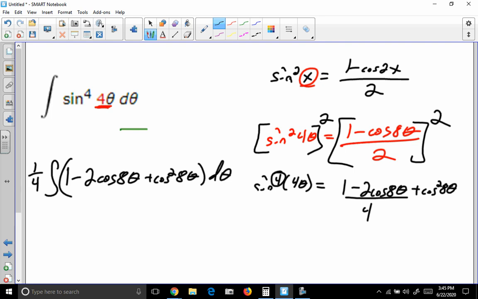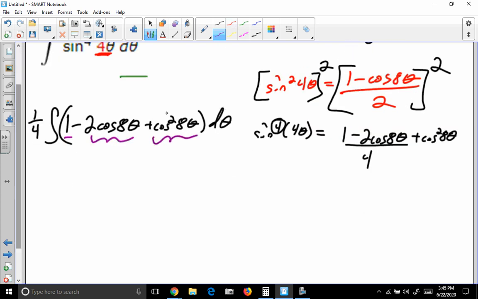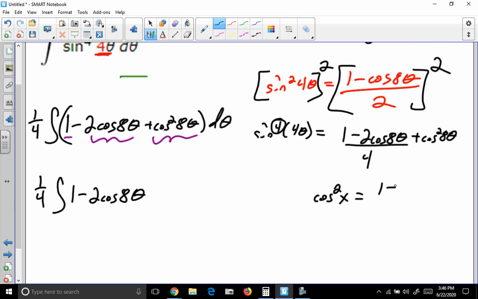So we can integrate this. This is a constant. We can integrate that. That's just cosine. But here we have an even amount of cosines, so we have to rewrite using an identity. So let's do that. Cosine squared is 1 plus cosine 2x over 2.